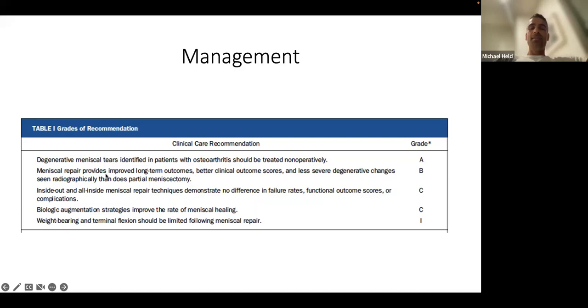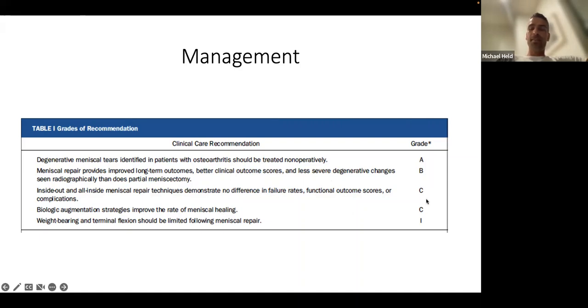The meniscus should be repaired, and there are better clinical outcomes with less severe degenerative changes in patients that don't have osteoarthritis and are young. And then what repair technique you use doesn't really matter as long as you do it well, and it leads to similar outcomes.